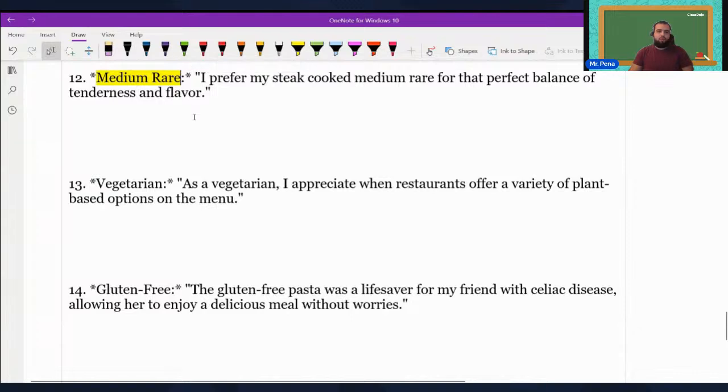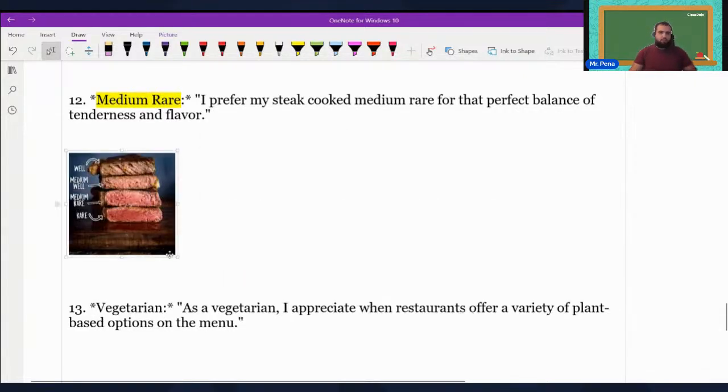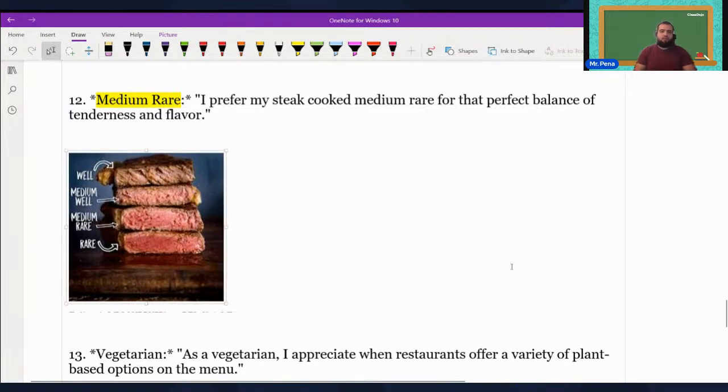We're going to go over the word medium rare. Medium rare. It's the way that we cook food, the way that we cook steak or meat, not just steak, but meat. Well, medium well, medium rare.